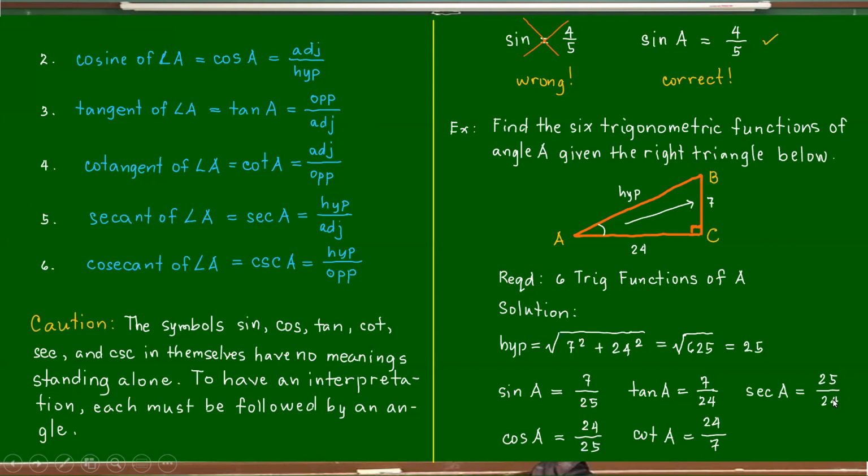Notice that secant A is just the reciprocal of cosine A. And then cosecant of A is hypotenuse over opposite, which is just the reciprocal of sine A. Sine A is 7 over 25, so we have 25 over 7 for cosecant A. Okay? Do you have any questions, guys? None, it seems. Okay, so let's proceed.